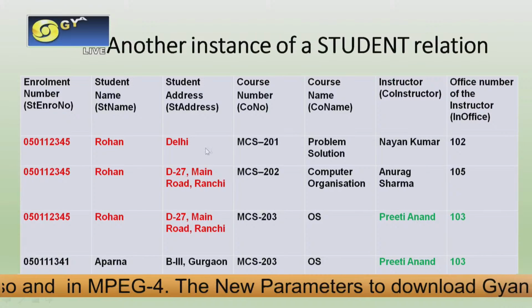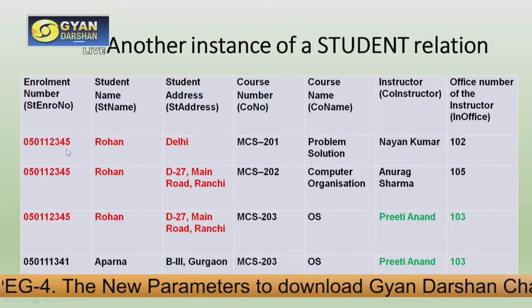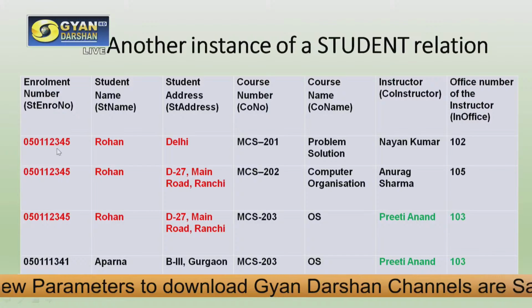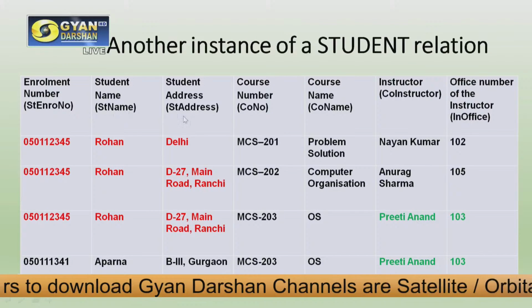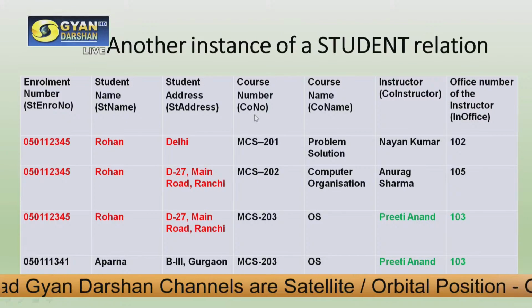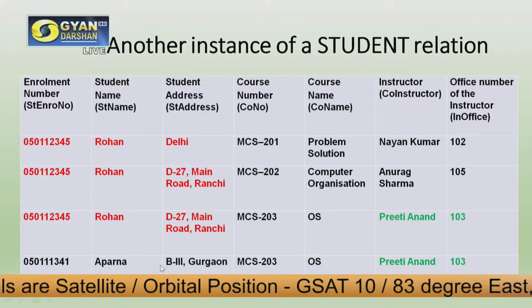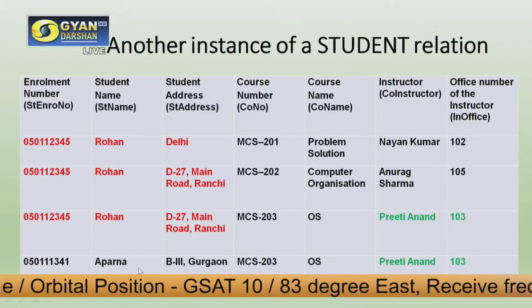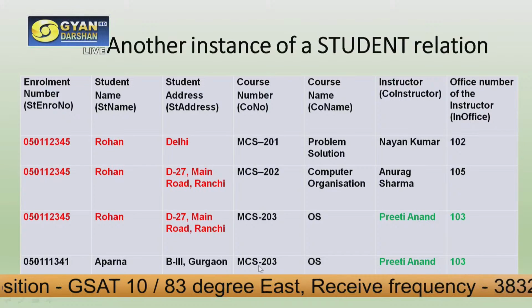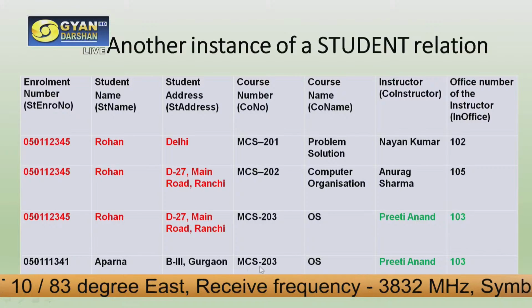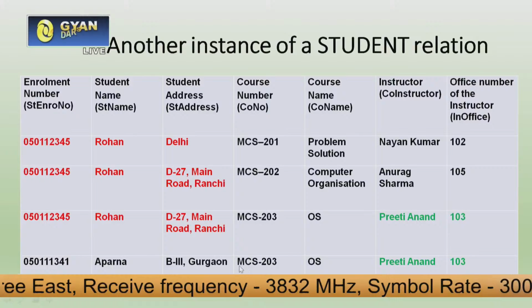That is why there is a composite primary key which includes enrollment number as well as the course number. So now this particular student's information cannot be entered in this relation because the primary key value is not known; in which course he or she has registered so far is not known.